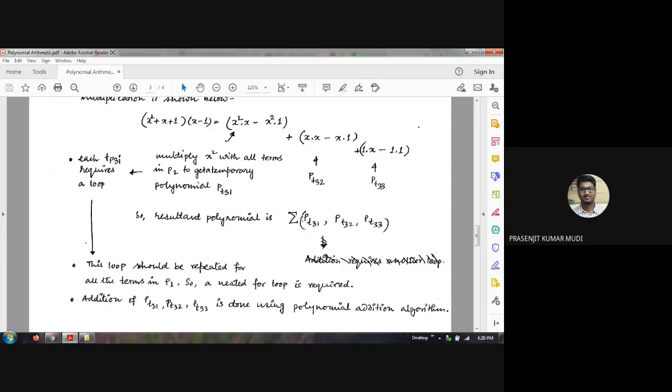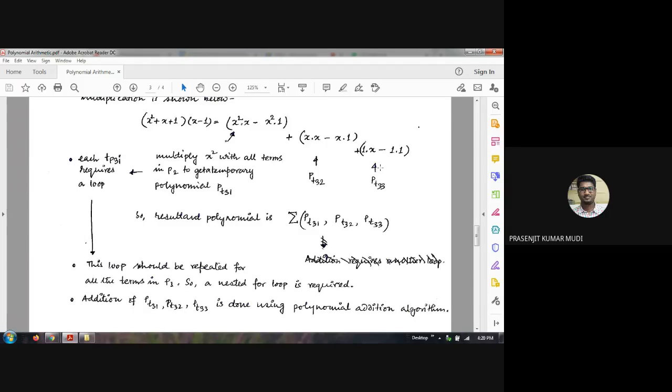Now, how can you add such temporary polynomials? You have already developed an algorithm for polynomial addition. So just call that polynomial addition, add these two polys, get the result, then add that result with the third poly, and so on.